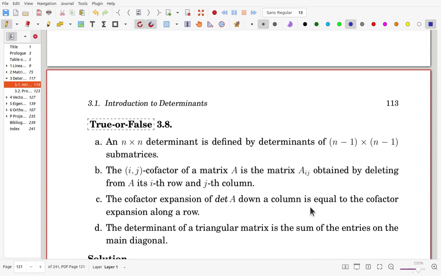The determinant of a triangular matrix is the sum of the entries on the main diagonal. It's wrong. Rather than the sum, you have to do multiplication. The product of main diagonal entries is the determinant for triangular matrices.